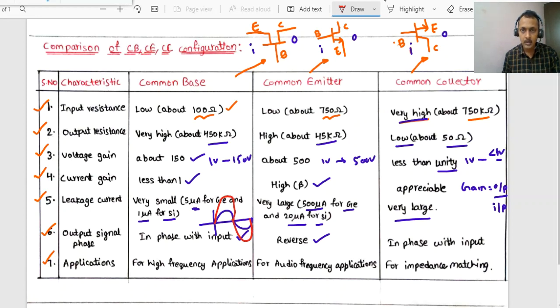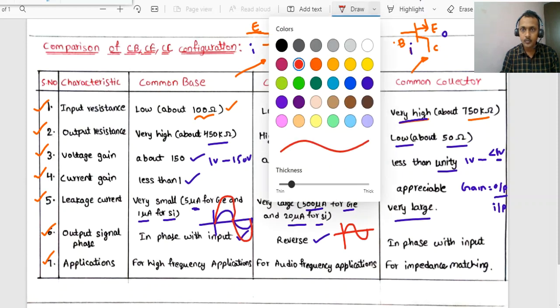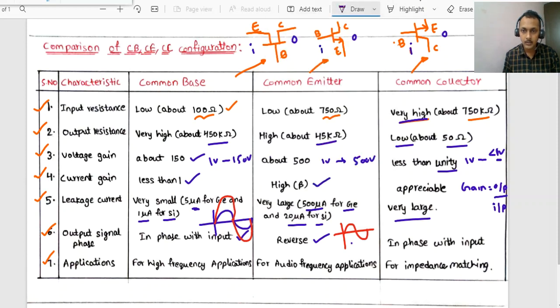Whereas in common emitter, the phase will be reversed. For example, if you give an input like this, you may get an output out of phase, like this. Also in common collector, the output signal will be in phase with the input.